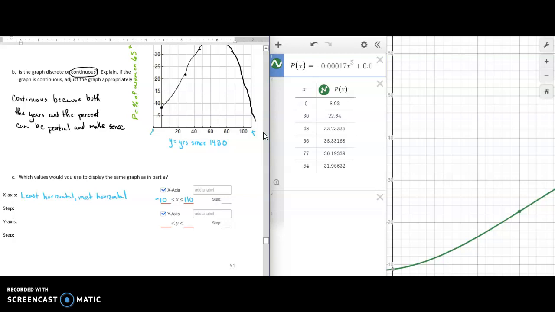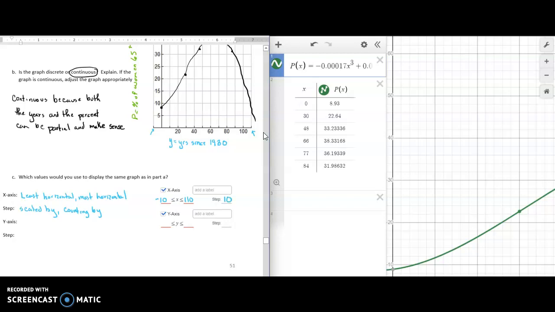And step means what it is scaled by or counting by. In other words, what are the tick marks valued as? And we said it was valued at 10.